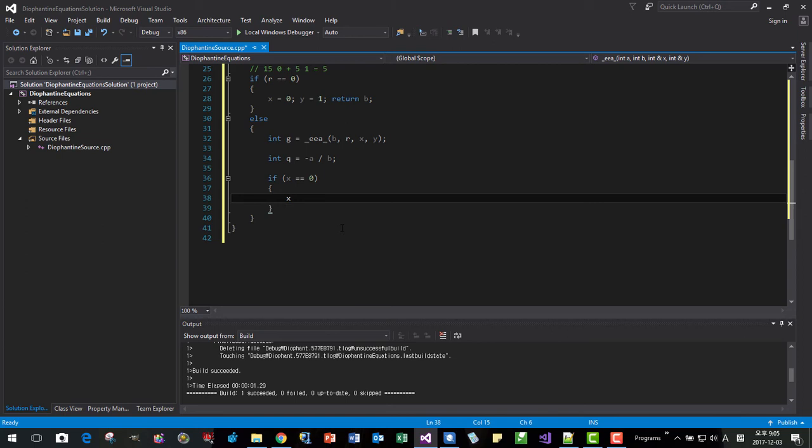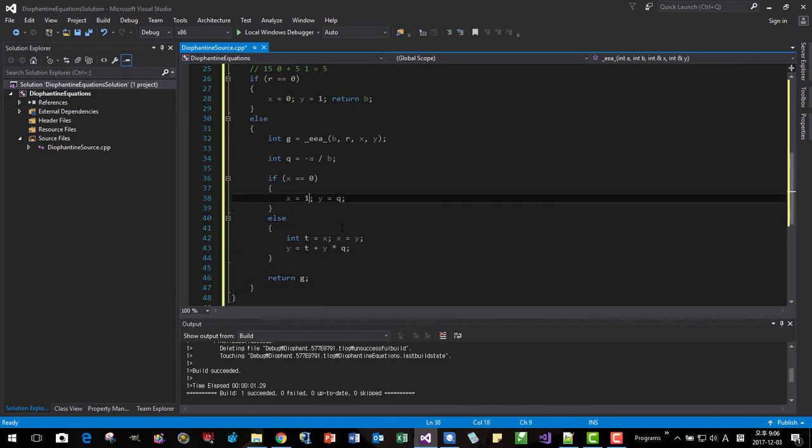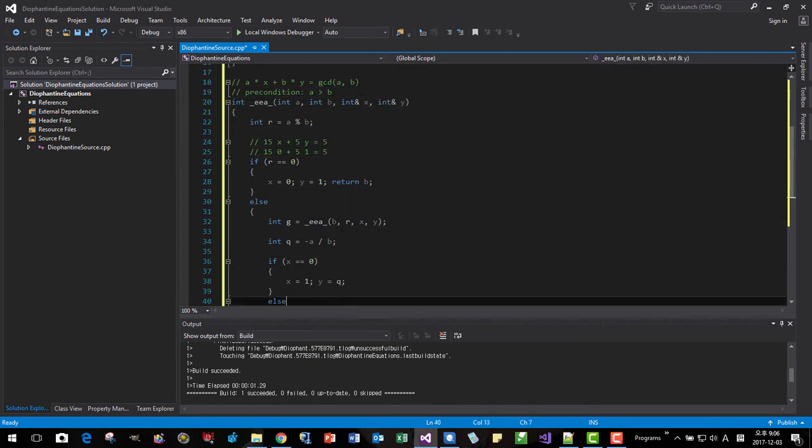Then we let X be 1, Y equals Q. Okay. Else here int T equals X, X equals Y, and Y equals T plus Y times Q. Okay. Now here we return G. Okay, this is the internal representation.